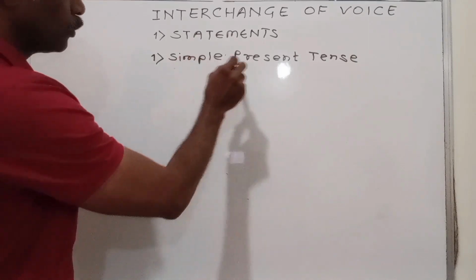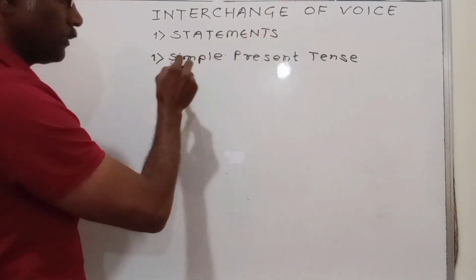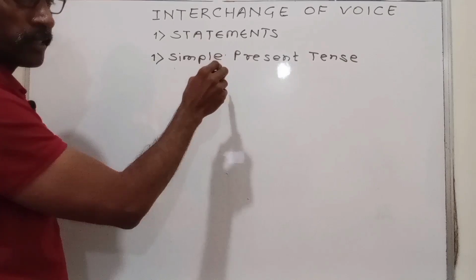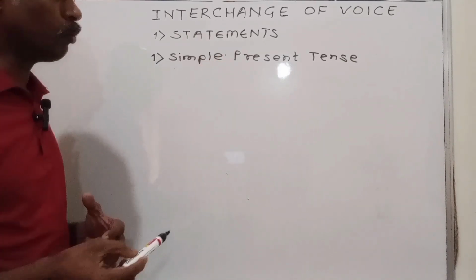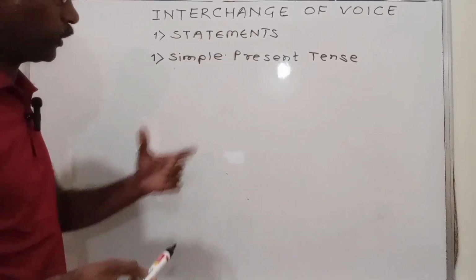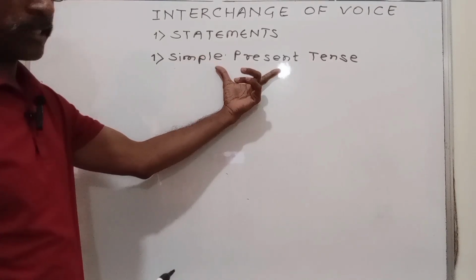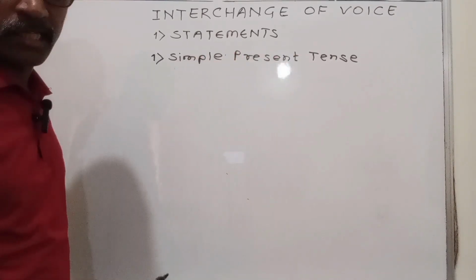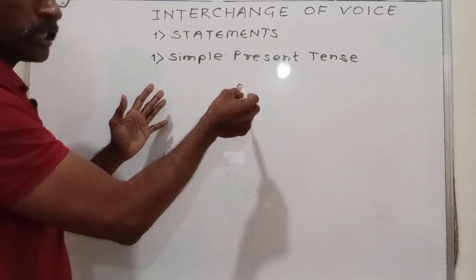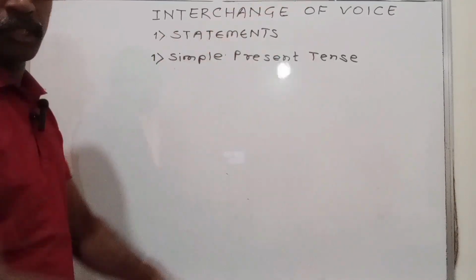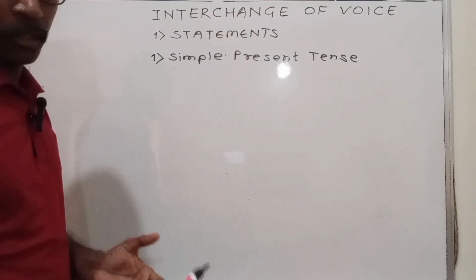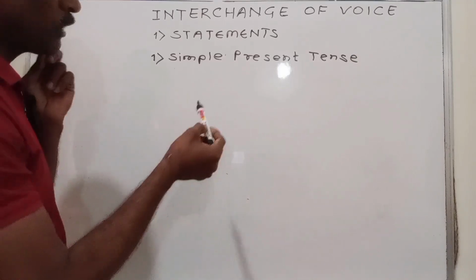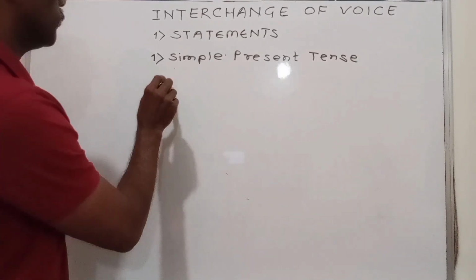Okay. Now, when the sentence is in active voice and the tense is simple present tense, then we convert that active voice to passive. Then what is the rule? See this rule.